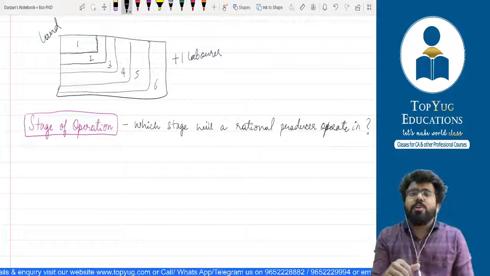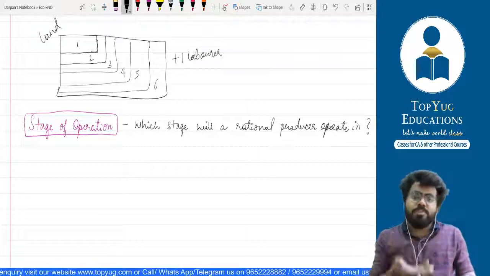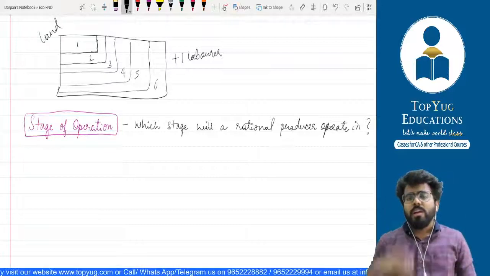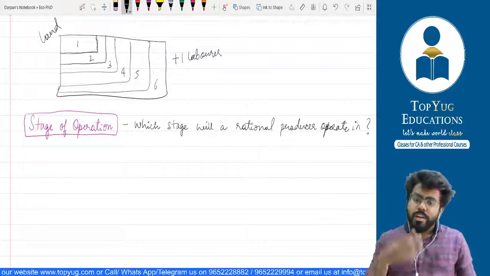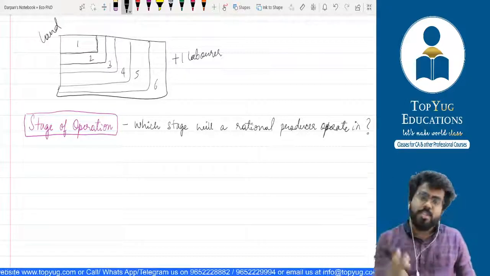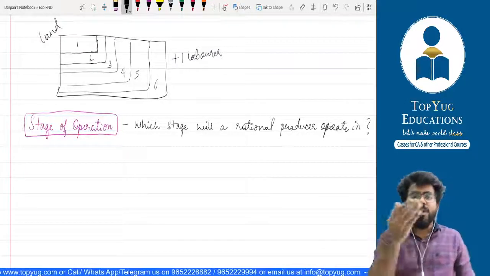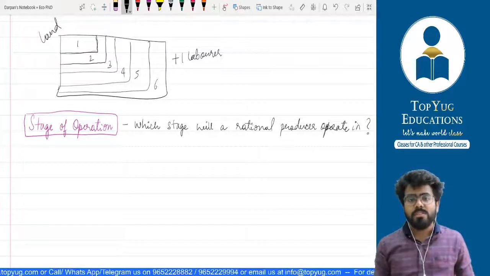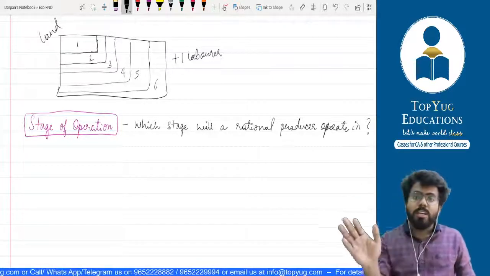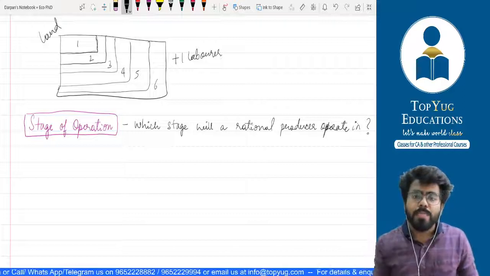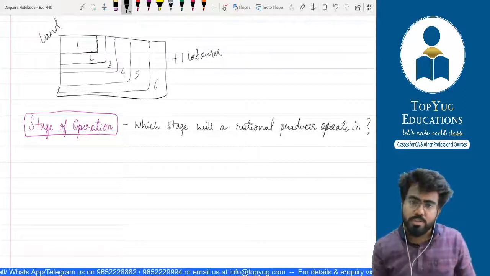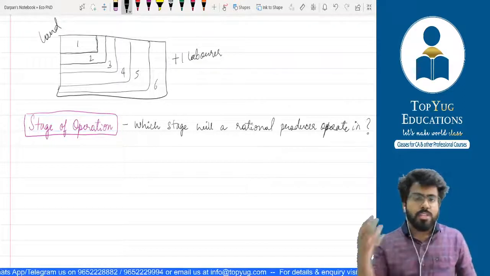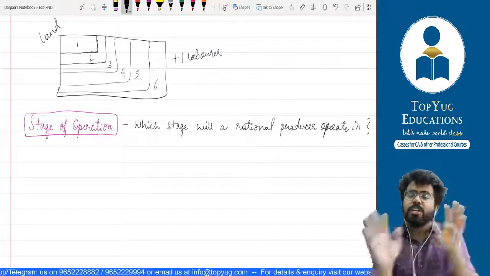If an additional unit of laborer is reducing my production, why will I employ him? I will remove him, right? If I employ an additional laborer and reach stage 3 and production is reducing instead of increasing, what will I do? I will not keep him in employment. I will remove him. I will obviously go on to stage 2. Correct? So stage 3 is gone. Stage 3 is a strict no.